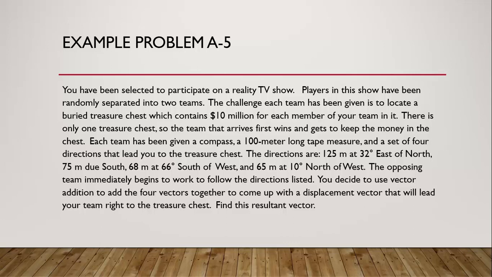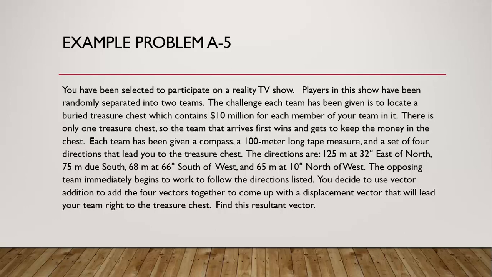Each team has been given a compass, a 100-meter long tape measure, and a set of 4 directions which lead you to the treasure chest. The directions are 125 meters at 32 degrees east of north, 75 meters due south, 68 meters at 66 degrees south of west, and 65 meters at 10 degrees north of west.